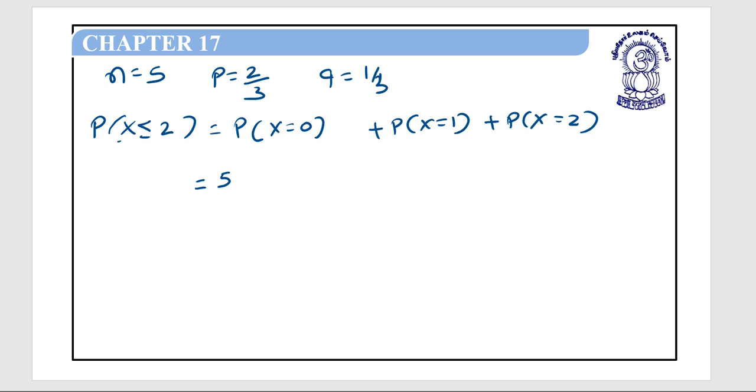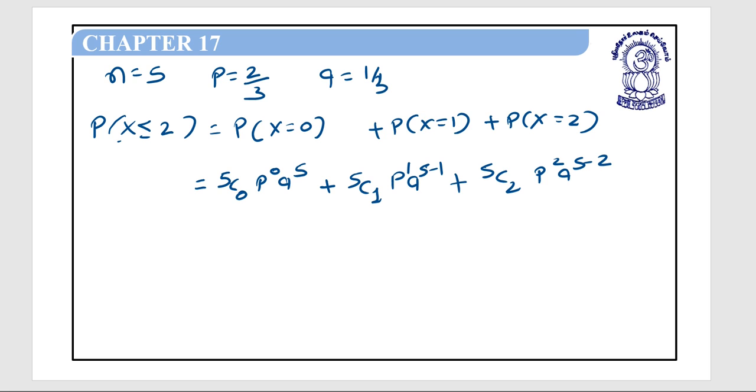So here we can write 5c0 p raised to 0 q raised to 5 plus 5c1 p raised to 1 q raised to 5 minus 1 plus 5c2 p square q raised to 5 minus 2.